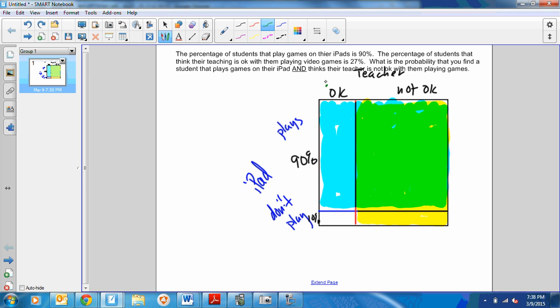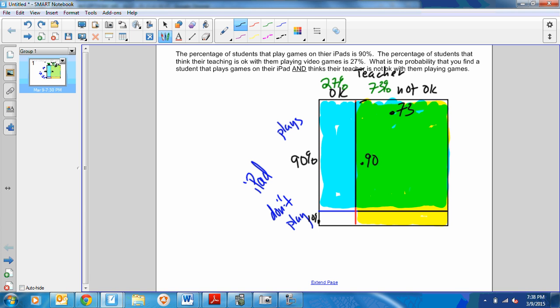This is 27%, which leaves this being a 73%. So then we want to find the area of this model, which we do by finding the area of this rectangle. The dimensions of this rectangle are 0.73. We're going to use this percentage as a decimal, and 0.90.